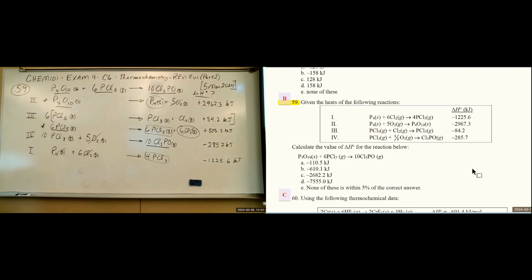All right, let me see what I did wrong, because I've done this one before. I don't know why it's not working. Okay.